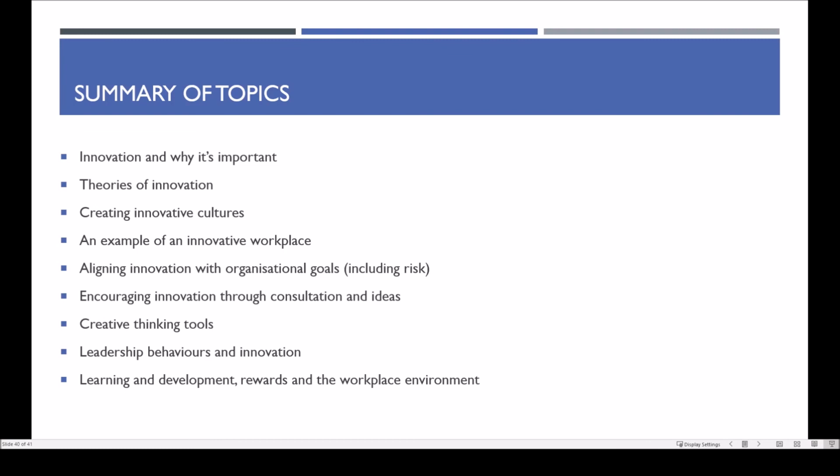We spent a bit of time looking through some of the key critical thinking tools. Then we looked at personal behavior of us as leaders and how that drives innovation or can hinder it in some cases. And then finally, we just wrapped up talking about learning development, systems and ways that we can reward innovative behaviors, and the workplace environment, and some of the considerations around atmosphere, communication, and process around that.